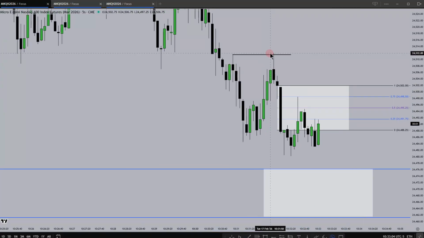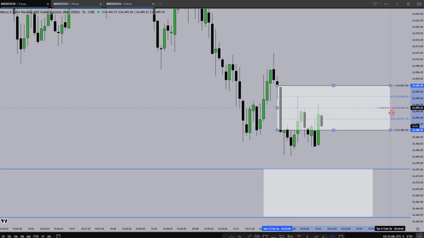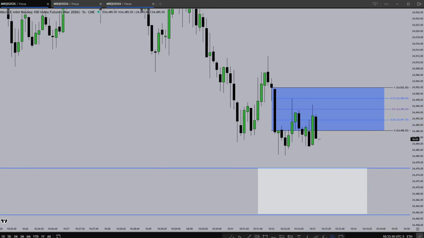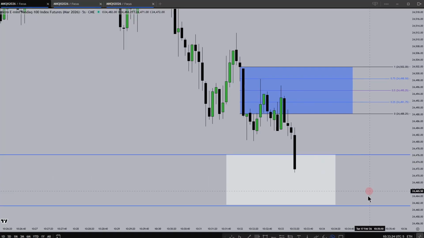Looking at that. So once we trade into that low, you want speed through the entire range.